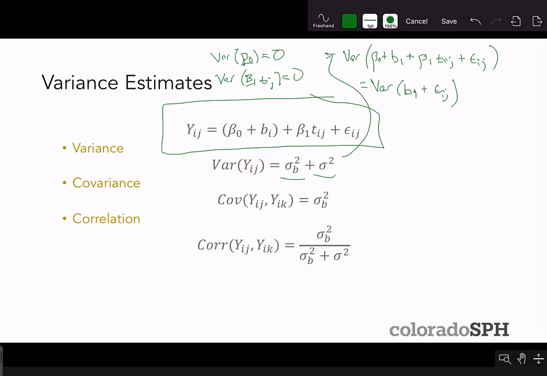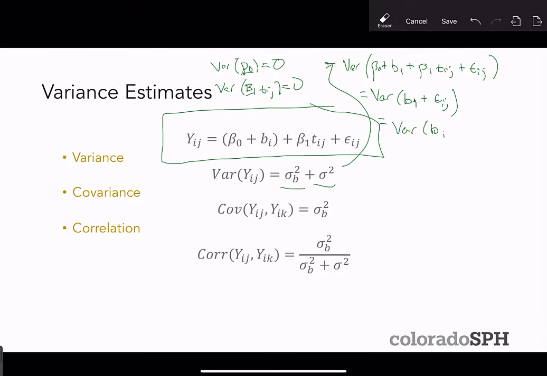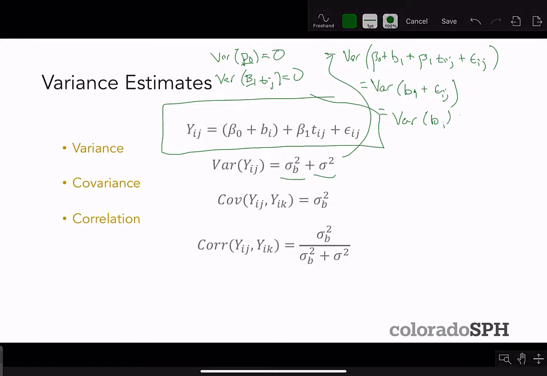And we made an assumption that bi and epsilon ij are independent, which means that we can split up the variance of the sum like this: the variance of bi plus the variance of epsilon ij.